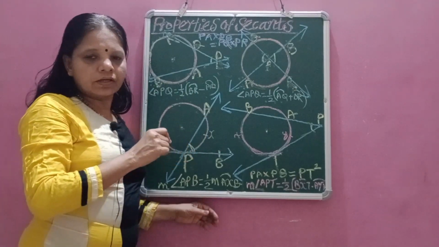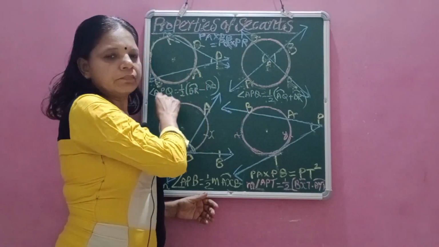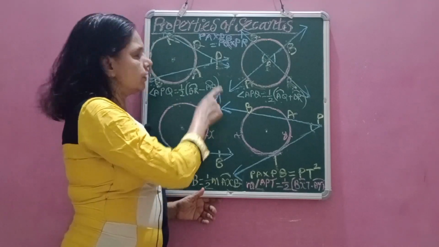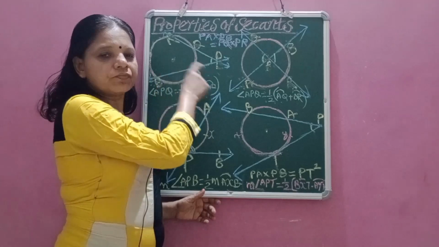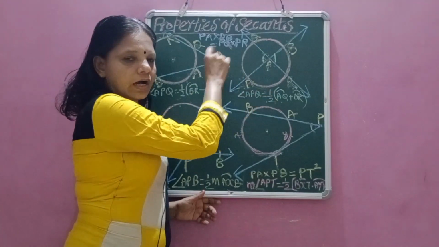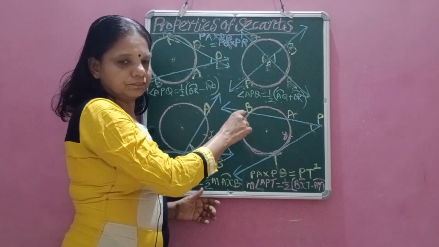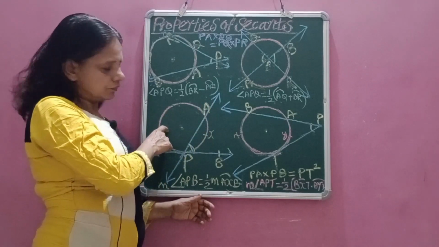The relation between the product of segments is same in both the cases, but the measure of the angle formed at the point of intersection will be, if it is exterior, half the difference of the intercepted arcs. If it is in the interior, half the sum of the intercepted arcs. Clear? Now see the third figure.